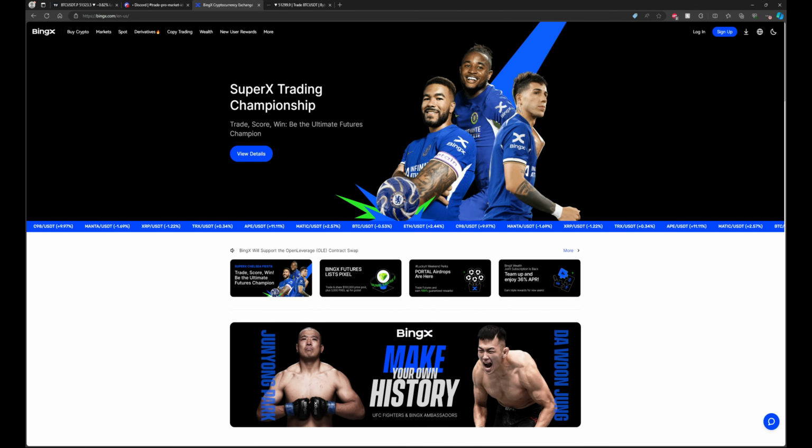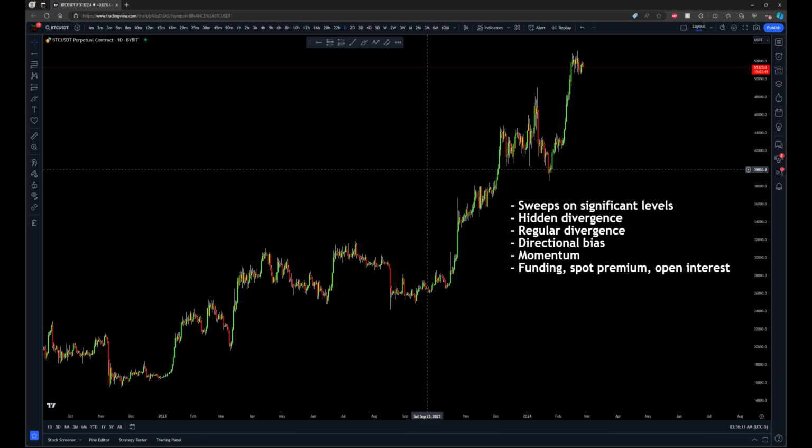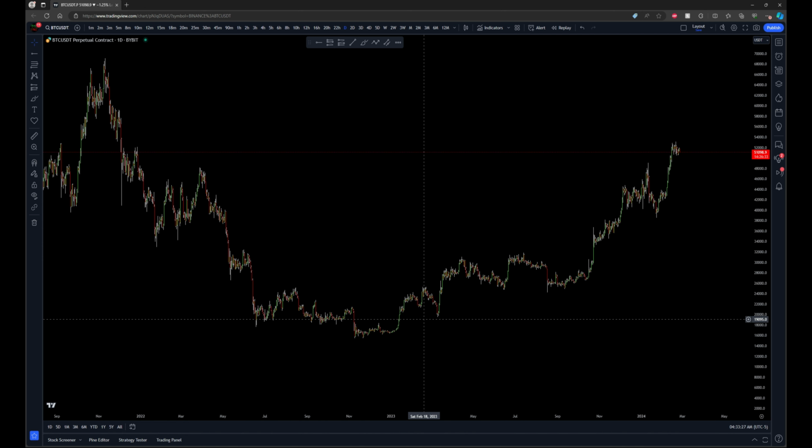So this lesson on sweeps of significant levels with important context applied using examples that I have analyzed in real time recently. All right, so let's start by marking out significant levels. What actually is a significant level?